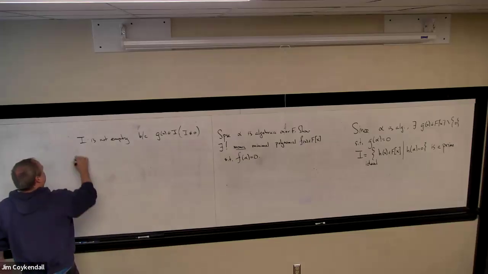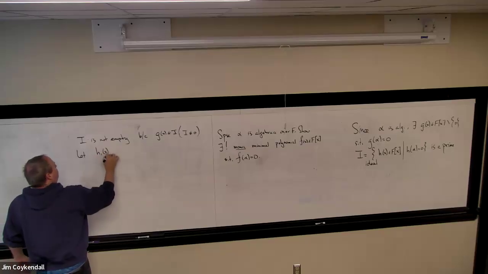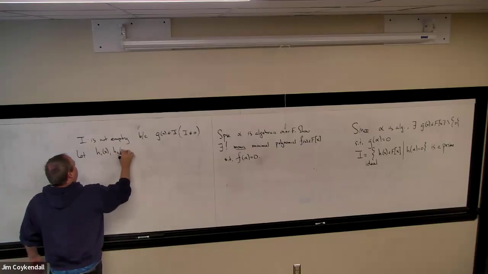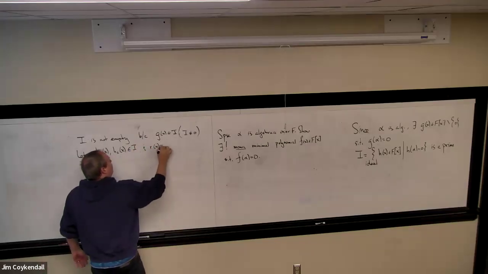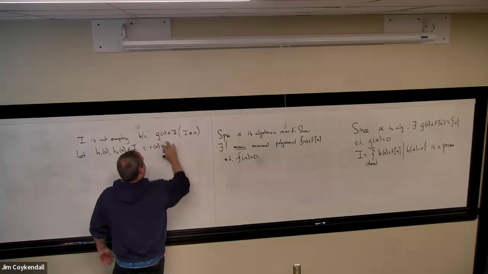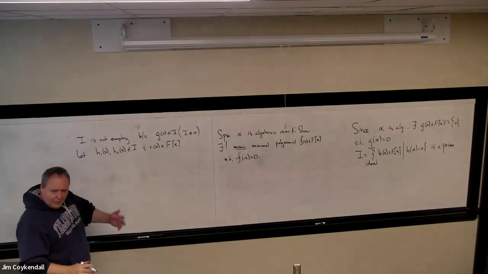So let's say h1(x), h2(x) in I, and r(x) in F[x]. I'm going to do my ideal criteria.